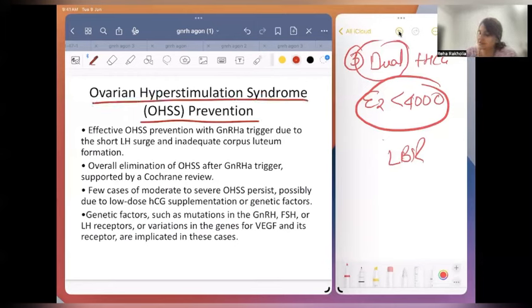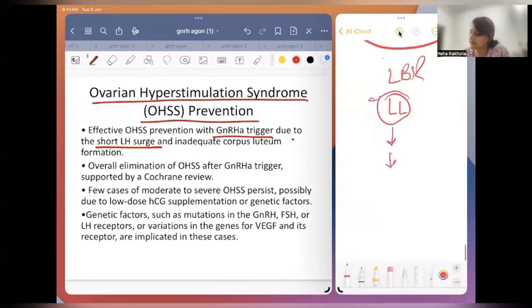Then OHSS prevention. Effective OHSS prevention with GnRH agonist trigger is due to the short LH surge. Why is it effective? Because GnRH agonist will have a short LH surge, there will be luteolysis and there will be decreased OHSS risk.